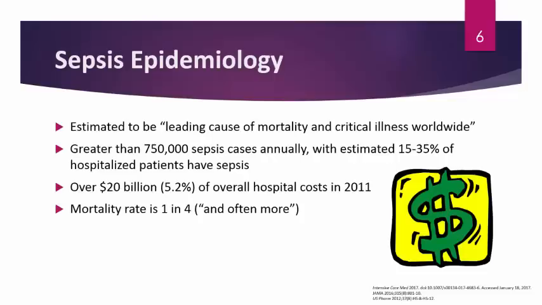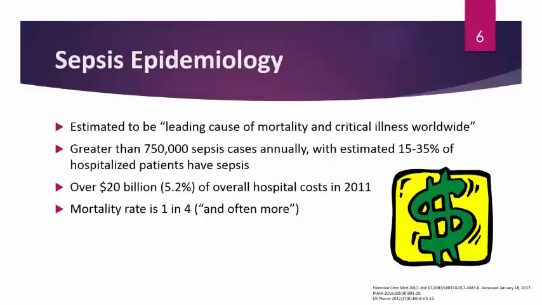To get started, in terms of the background of sepsis, sepsis is estimated to be a leading cause of mortality and critical illness worldwide, and is known to be one of the most common ICU presentations. Greater than 750,000 sepsis cases happen annually, and about 15 to 35% of hospitalized patients actually have sepsis.